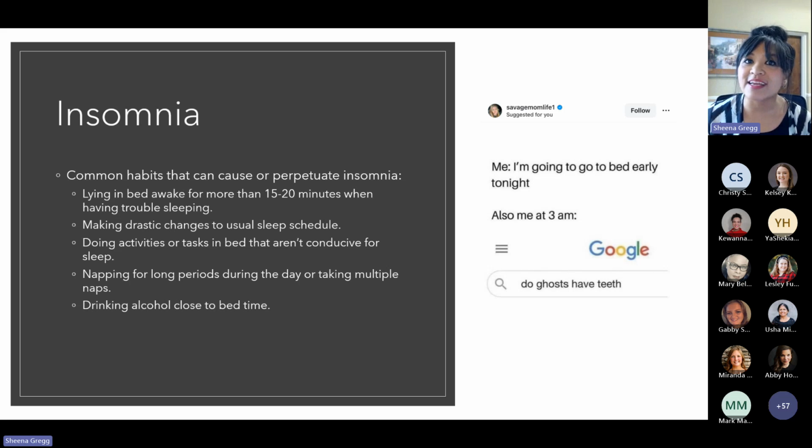Maybe I'm not Googling if ghosts have teeth, but I'm thinking about some child actor from a show that I watched in the early 90s, and whether or not they're still in show business or what they look like, or who knows what it could be. But I'm glad I could get a couple of chuckles from y'all, and maybe some of those sentiments from that image resonate with you.